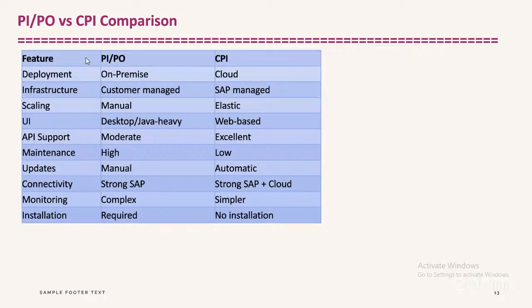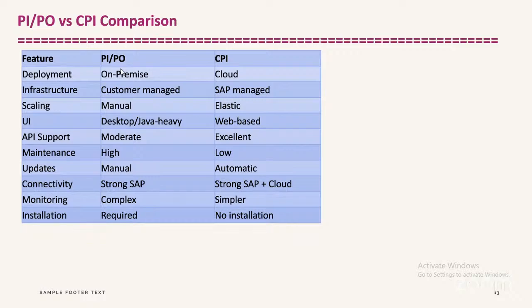There is a small comparison between PI/PO and CPI. PI/PO is on-premise and CPI is for cloud. Nowadays, everyone is moving to the cloud, right? So we need to upgrade our knowledge as well to learn cloud integration. In terms of infrastructure, PI/PO is customer managed.